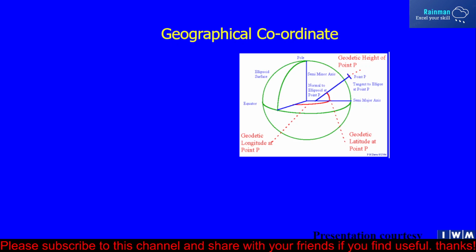All over the globe the terrain is not uniform. Somewhere mountains are there, or somewhere valleys are there. So if you consider a uniform spherical, elliptical shape, then it will be treated as an ellipsoid.